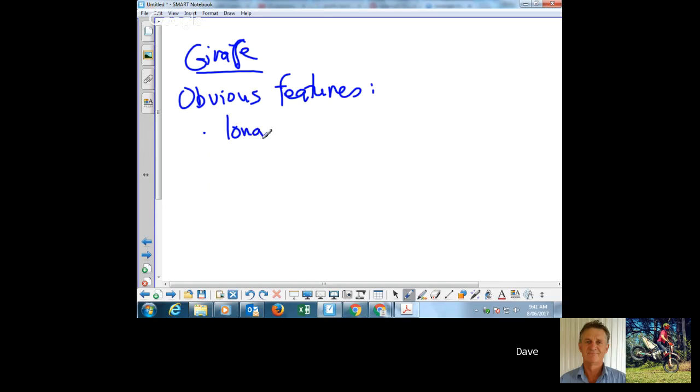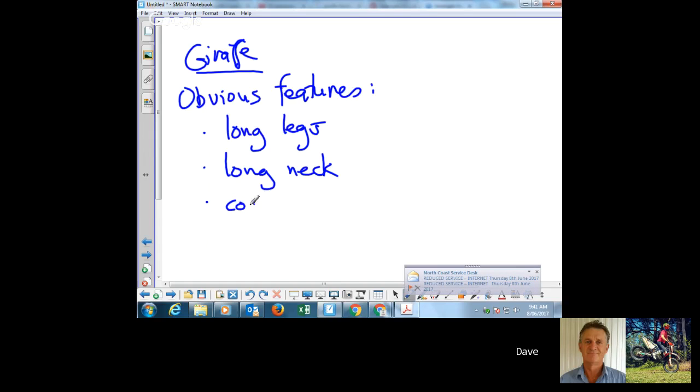Okay, so long legs, long neck. Billy, do you have something written down? Yeah, their coat colour. Okay, their coat colour or colours? Yeah, pattern. Mm. Okay.